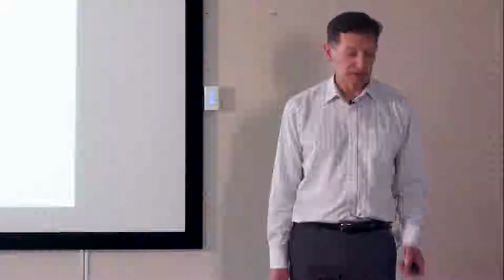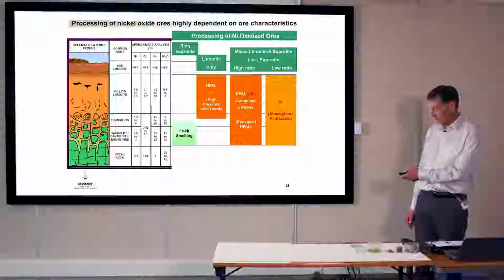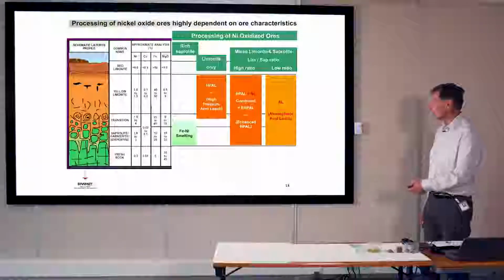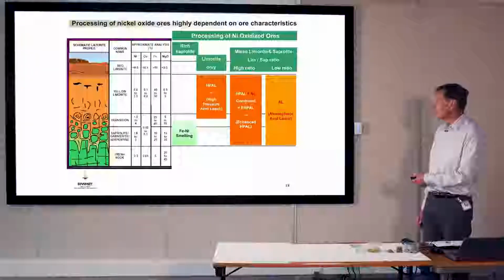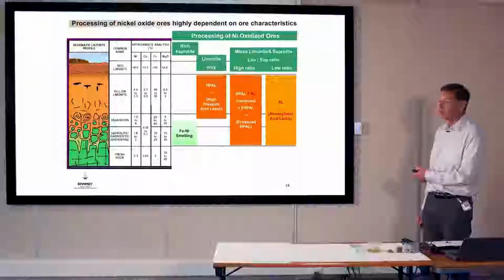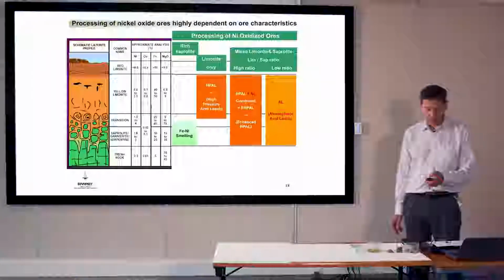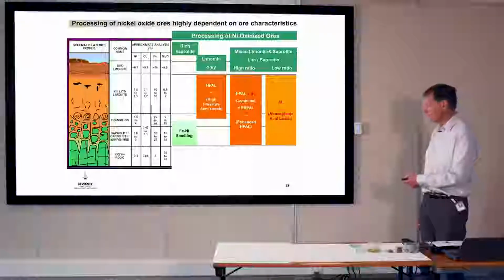I remind you of this diagram with different ores coming from the ore body of lateritic nickel, and with different processes: ferronickel smelting, HPAL (high pressure acid leaching), HPAL with a high ratio of limonite to saprolite, and acid leaching with a low ratio of limonite to saprolite. And I will describe these different processes.